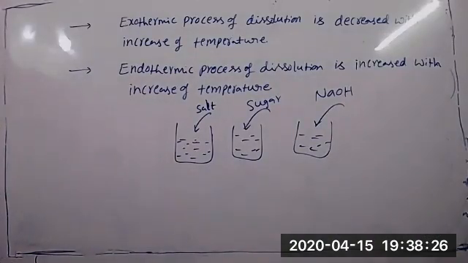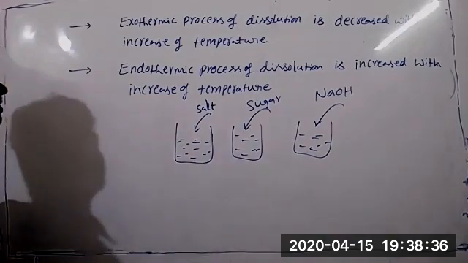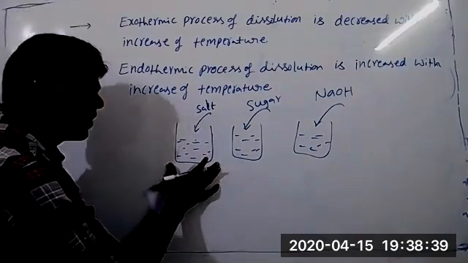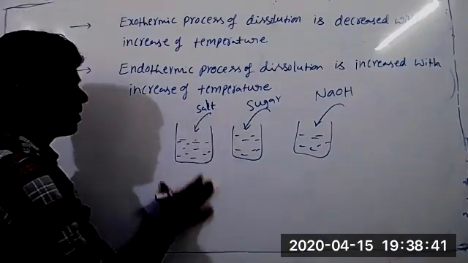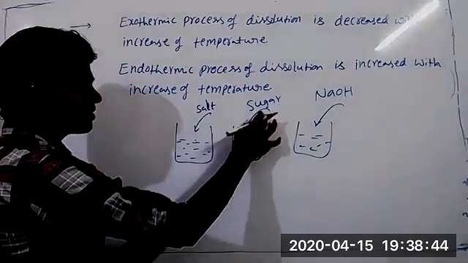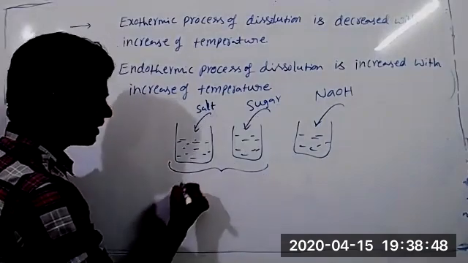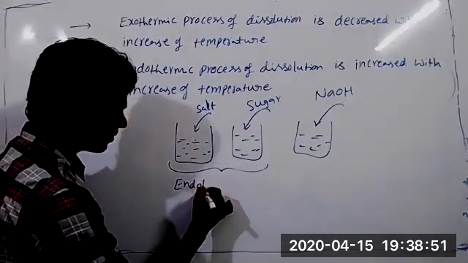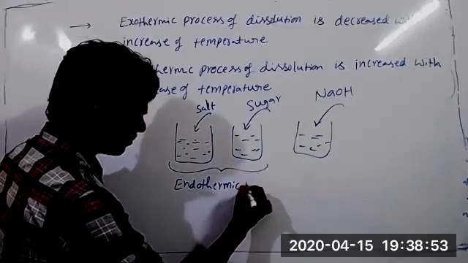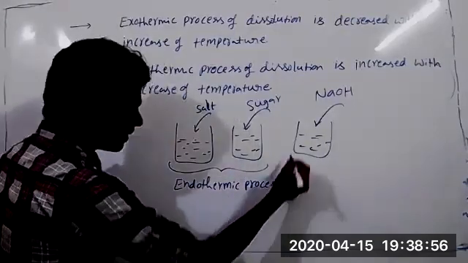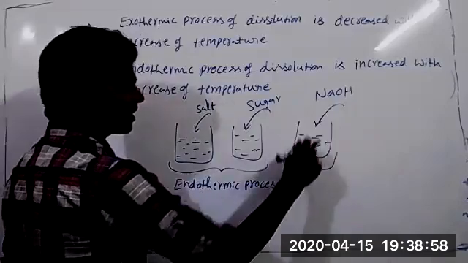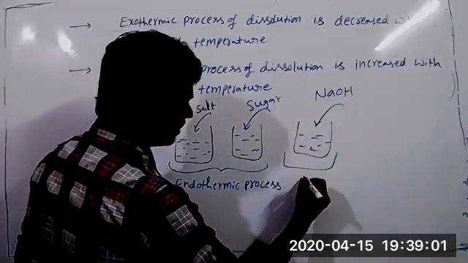Dissolution of salt in water, what happens? The temperature of solution increases or decreases? The solution will become cool. When you dissolve salt in water, the solution becomes cool. Even when you dissolve some sugar in water, the solution becomes cool. This is an endothermic process. But this is an exothermic process: by dissolving NaOH in water, the solution becomes hot. This is exothermic.